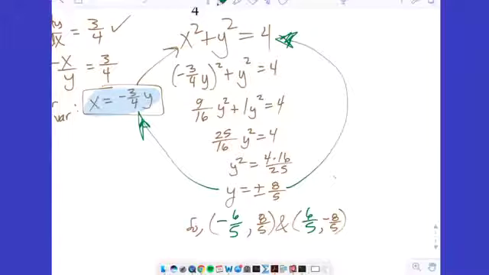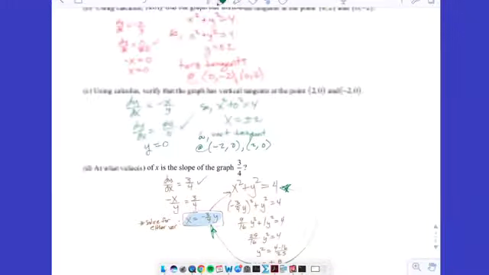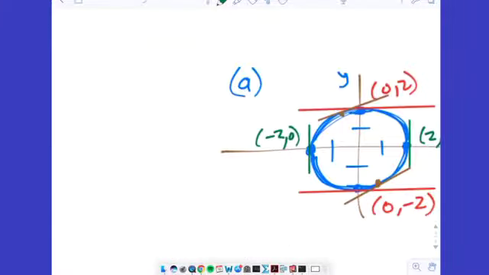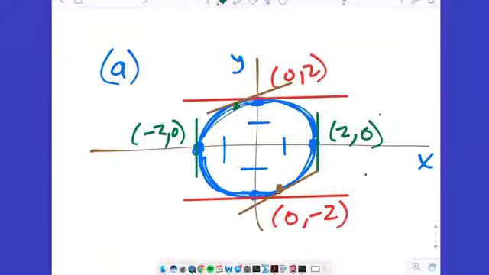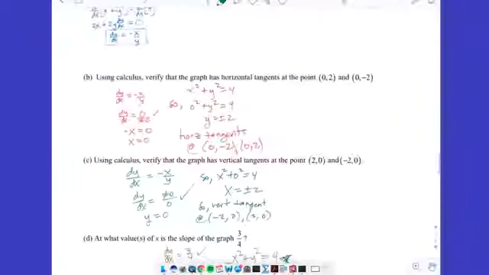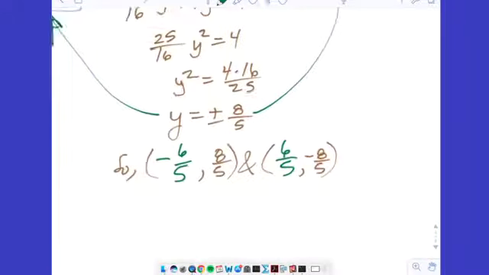And there you go. That's like negative 1.2 and 1.6. Perfect. Of course, my graph was not perfect, but the coordinates that the calculus gave us were perfect. Negative x positive y, positive x negative y. That's what we got.